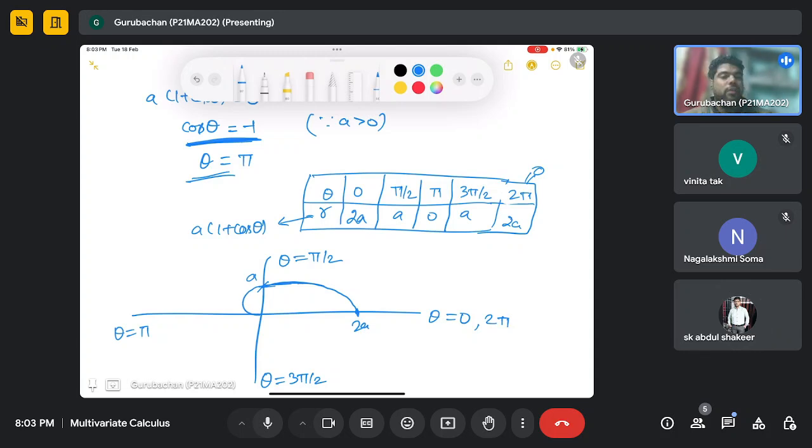And since our curve is symmetric about theta equal to 0, this will again come like this. This is a rough diagram, so it might not look exactly like that. So this is the famous cardioid. I just want to give you a glimpse of how to draw polar curves by discussing this graph. I hope it is clear to everybody.